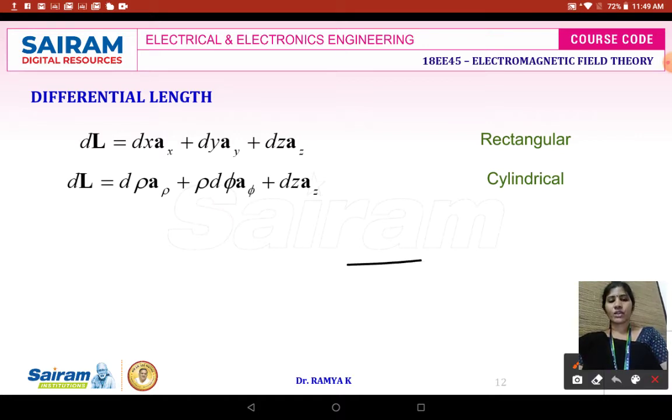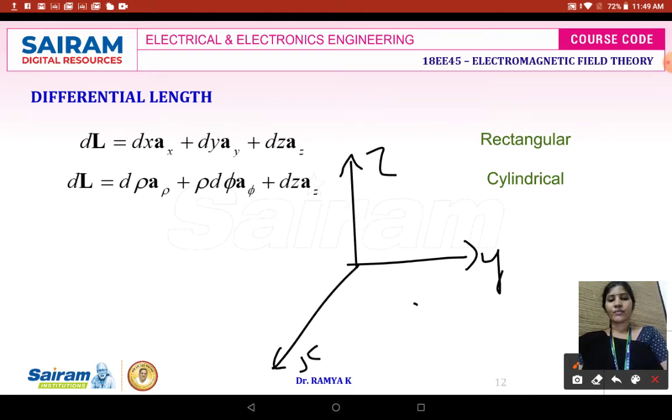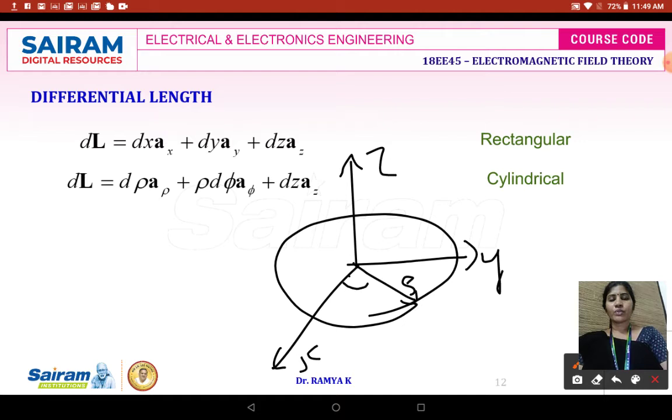If you check here, we have the y axis, z axis and x axis. When you represent it for the cylindrical coordinate system, there is the phi axis and the rho axis. Phi means the angle from x to the point under consideration.